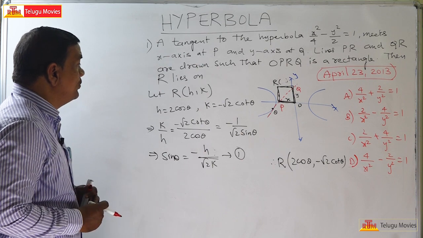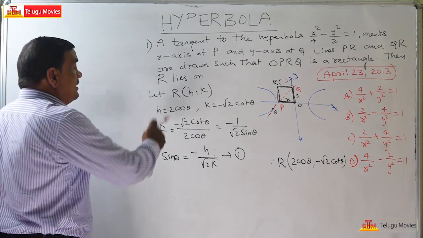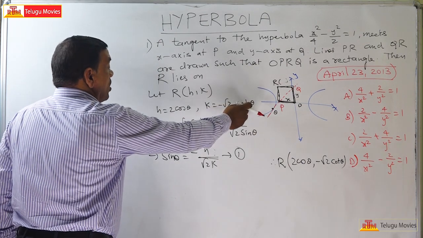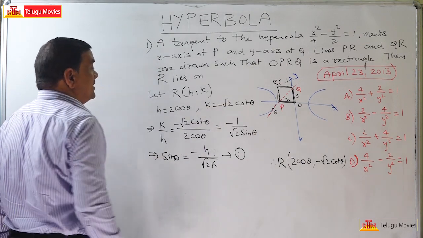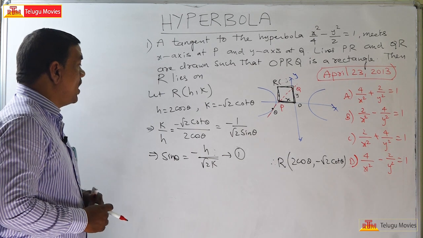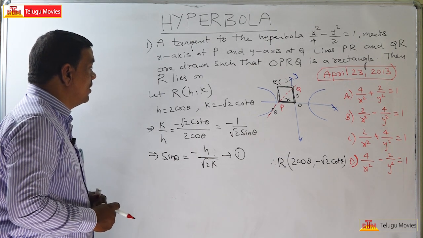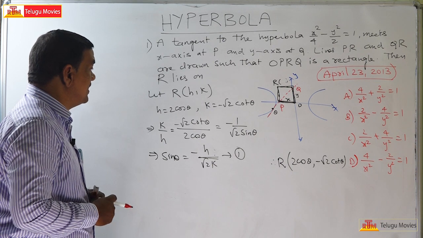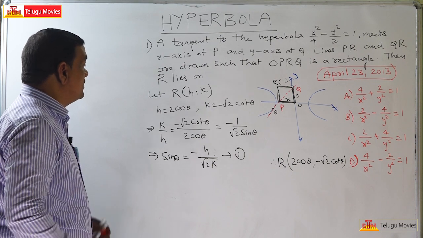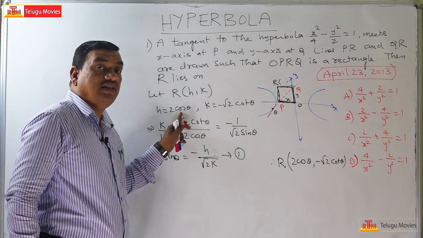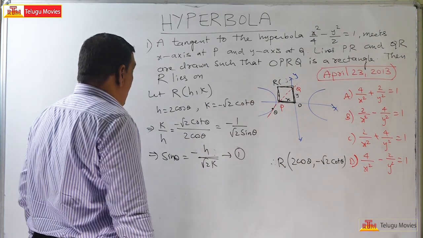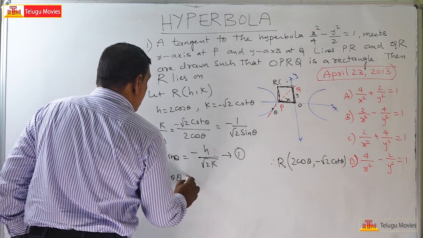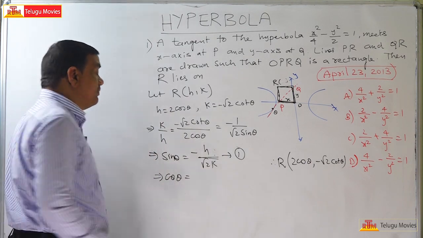Now what will we do next? Multiply h into k. Cot theta means cos theta by sin theta. Already we got sin theta, so from this cos theta is equal to h by 2.